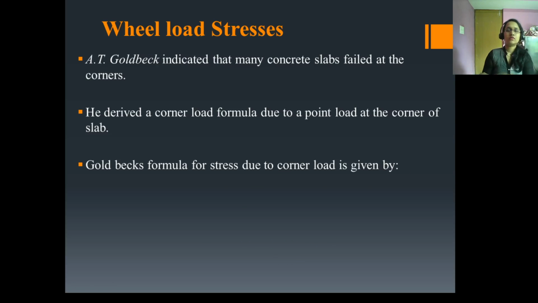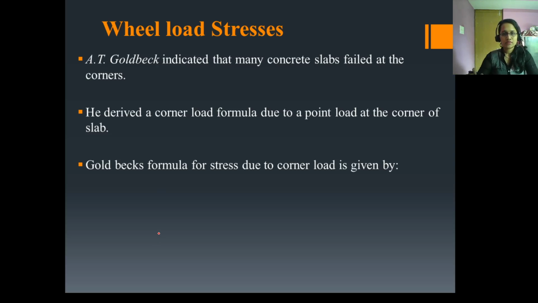Next, coming to the wheel load stresses. A.T. Goldbeck indicated that many concrete slabs failed at the corners, so he derived a corner load formula due to a point load at the corner of the slab.